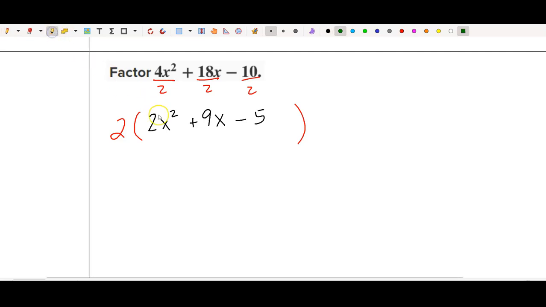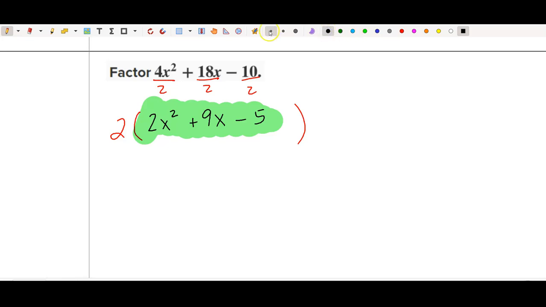Okay. Now the next step is going to be what we did yesterday, which we called the AC method. So now we're just going to look at this reduced trinomial, the green part, and we're going to try to factor that. Well, the only way to factor that is to attempt to factor by grouping.